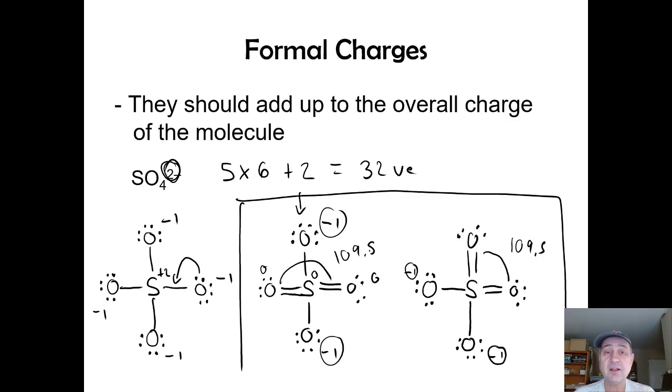So it's sometimes very difficult to go from a two-dimensional surface to a three-dimensional molecule, so you have to keep this in mind. You know this is a tetrahedron and the bond angles are 109.5, so there's absolutely no advantage to having the double bonds distributed differently. These are all identical resonance structures.